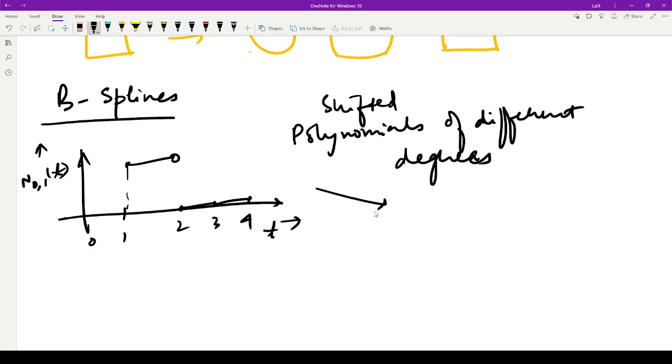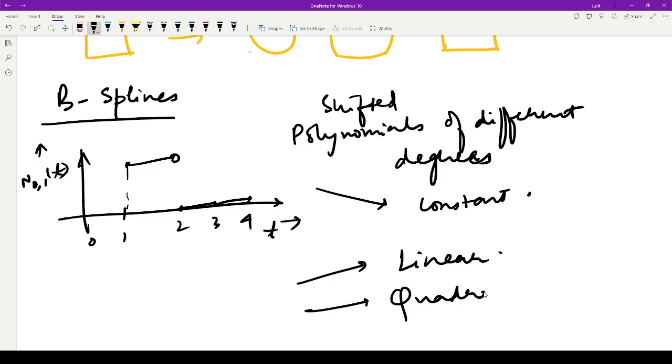This is the simplest one, a constant polynomial, but you can take other things as well, like linear polynomials, where the order increases. You have quadratic as well, and then you have cubic polynomials. All these polynomials were discussed in class, so I'm just skipping it now so that I can quickly go over to the questions.